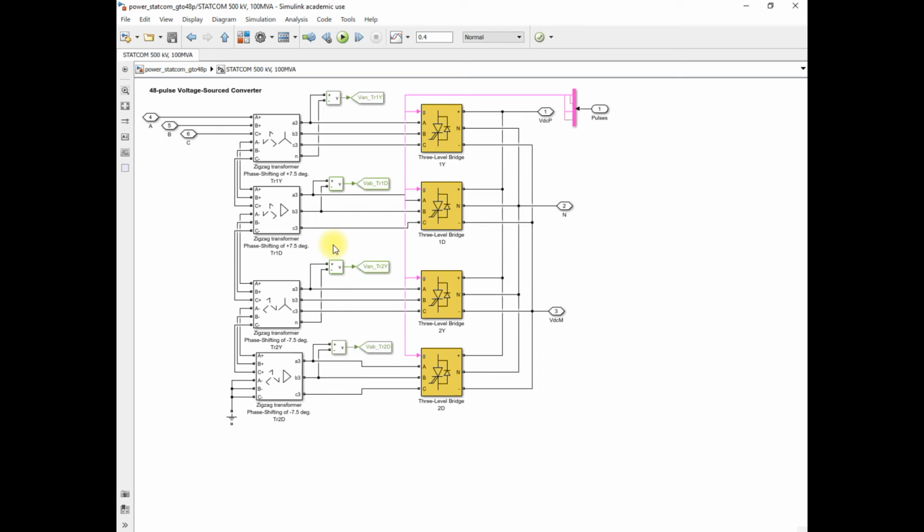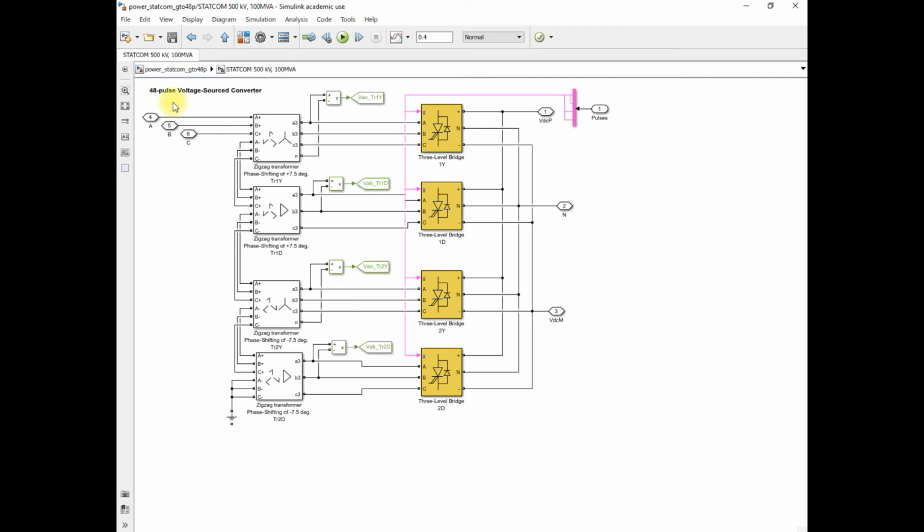diode based bridge converters, which generate the output voltage that is nearer to the sine wave, because here we use multi-level converters, 48 pulse. As we see in the theory, as you increase the number of levels or number of pulses, the output voltage of the voltage source converter becomes nearer and nearer to the sine wave, so that the harmonic content in the output voltage is less.